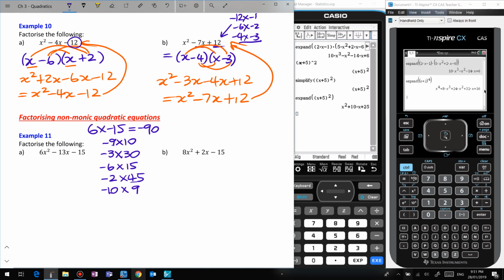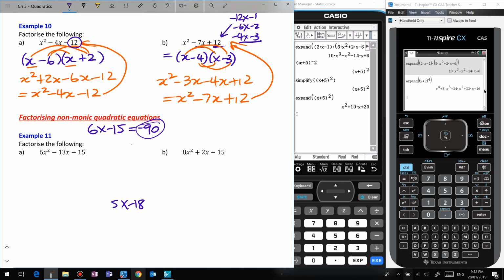What about if we divide this one by 2, so negative 5, and times this one by 2, we get 18. 5 and 18, we can get negative 13. If I make this 5 times negative 18, that gives me negative 90, and when I add them together, I get negative 13. Okay, so we know that that's our numbers, 5 and 18.